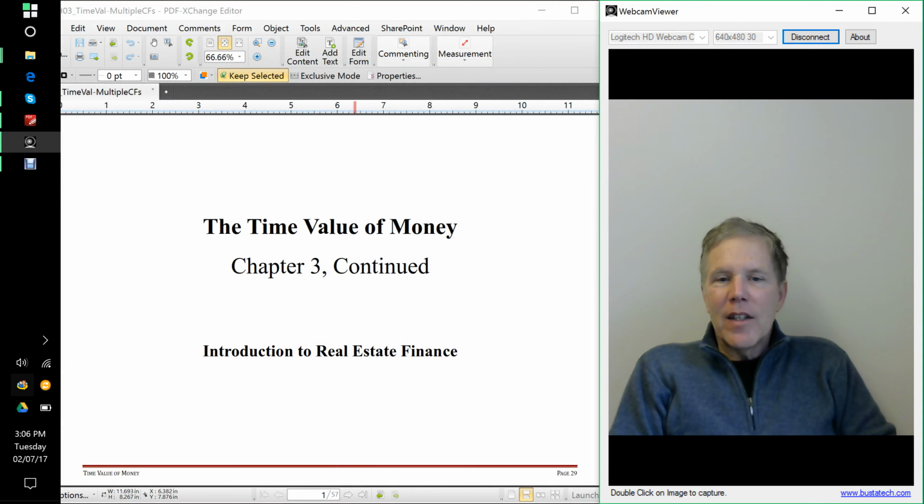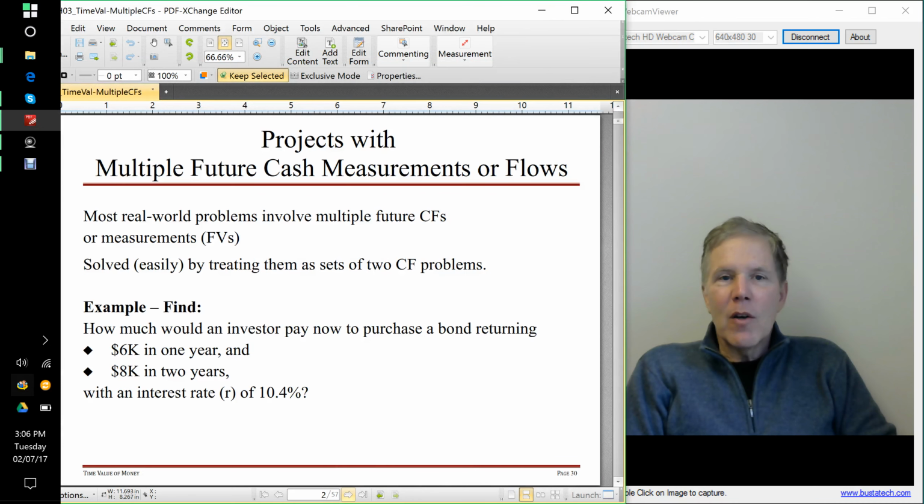In particular, right now, we're going to start up with projects that have multiple future cash flows or measurements. Most real-world problems involve multiple future cash flows or measurements.